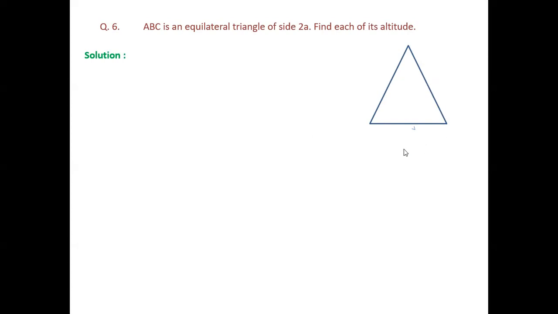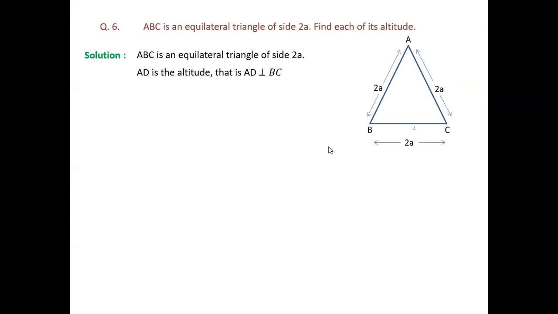Let's name it first: A, B, C. Each side is 2A, it is given. That means this side is 2A. Let us mark it. This side should also be 2A, and this side also should be 2A. All three sides are of the same length.